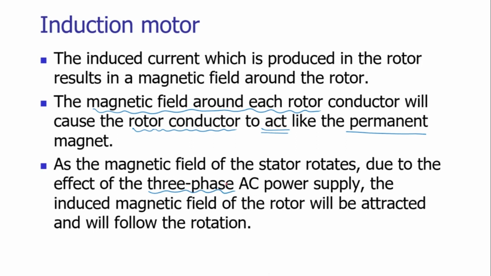So that rotation in the three-phase power supply is inducing a magnetic field in the rotor, which will be attracted and will follow the rotation. So the change in magnetic field due to the three-phase power supply is inducing a magnetic field in the rotor, and that will be leading to the rotation of the shaft itself.